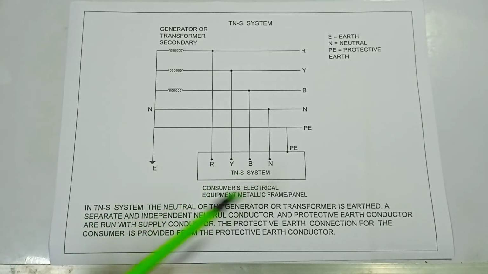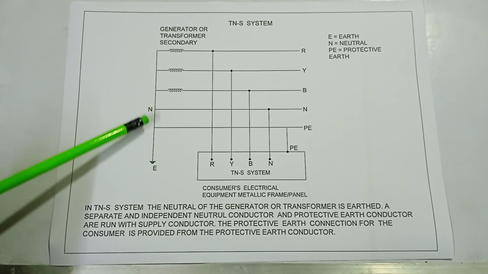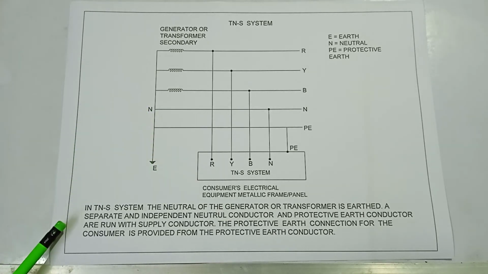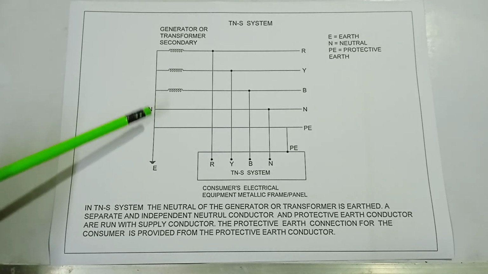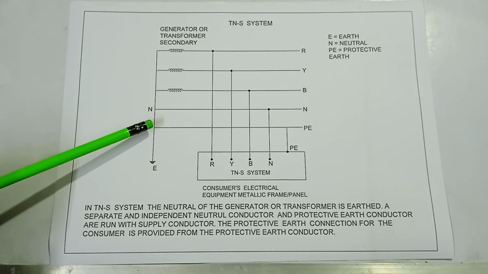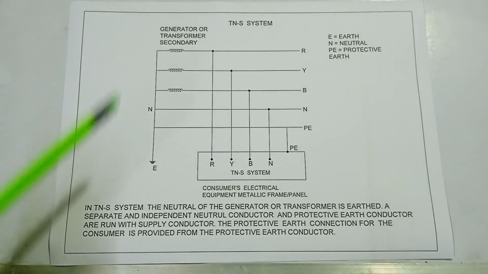Okay, next. This is the TNS system. In the TNS system, the neutral of the generator or transformer is earthed. This is earth. A separate and independent neutral conductor and protective earth conductor are run with the supply conductor.